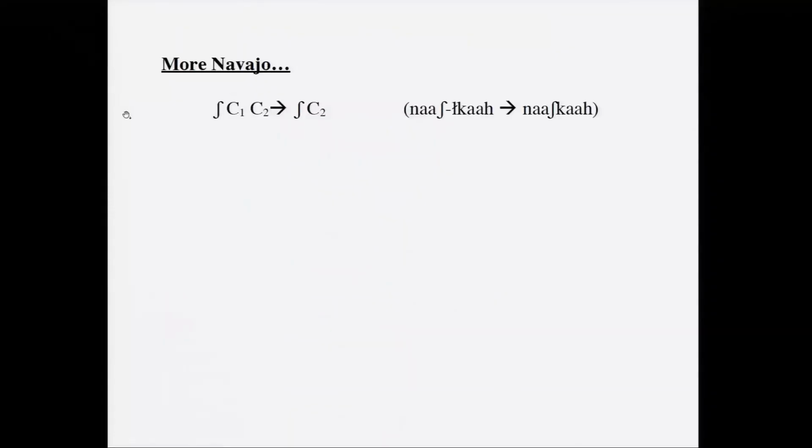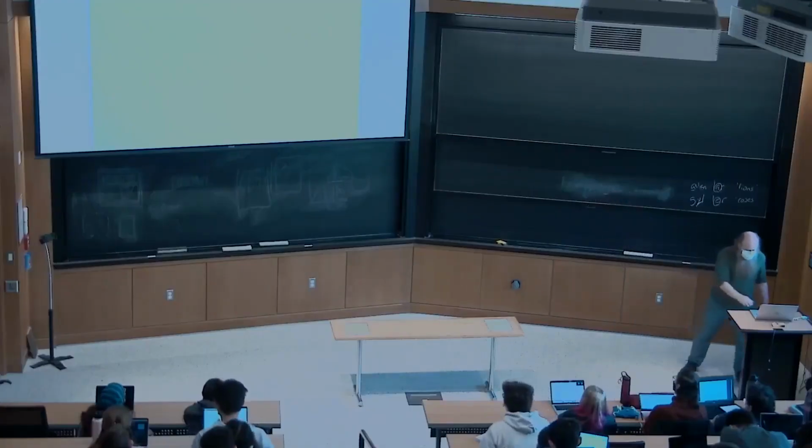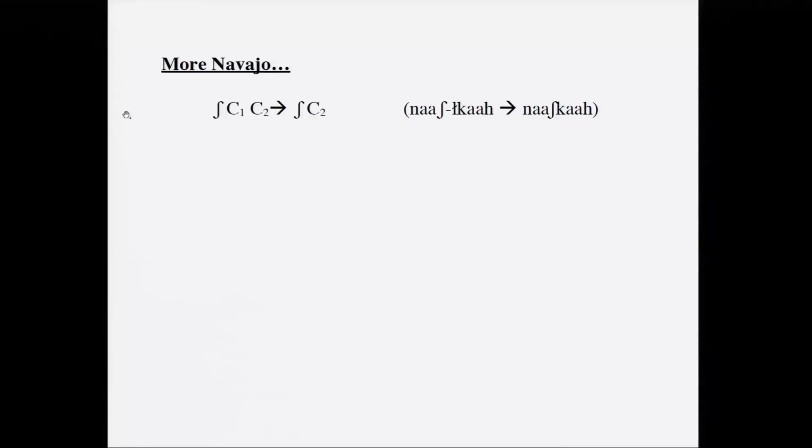Okay? So let me summarize what we've just seen. If you have the sh followed by two consonants, like if you're going to say I am investigating it, so sh is the I thing, and investigating we decided starts with a voiceless L and then k, you get rid of the first consonant, the L, so you get nashka. If you have an H followed by two consonants, like in we two are working, so where you've got an o followed by lnish, well, the H goes away, but the L devoices.